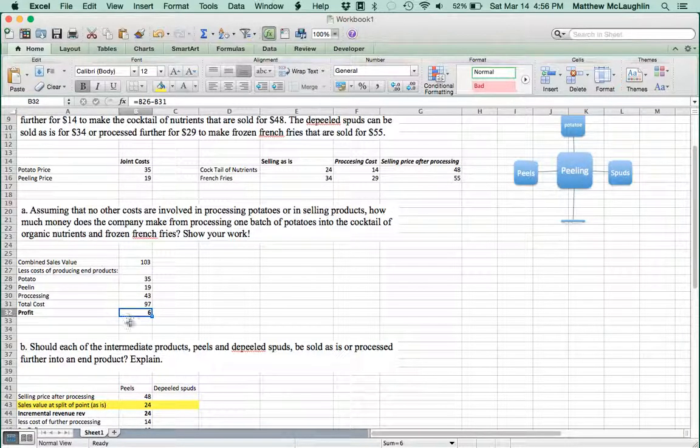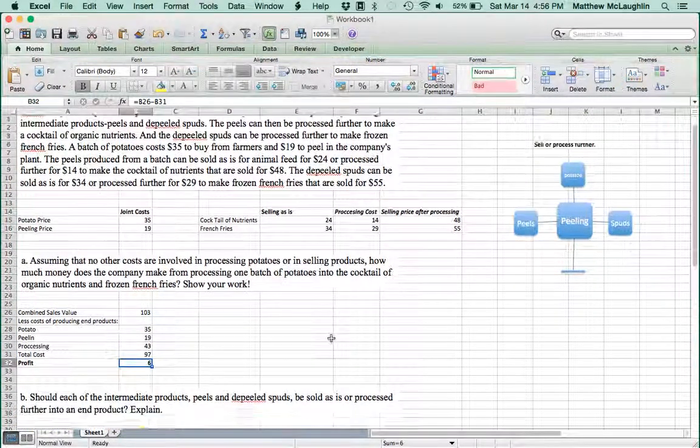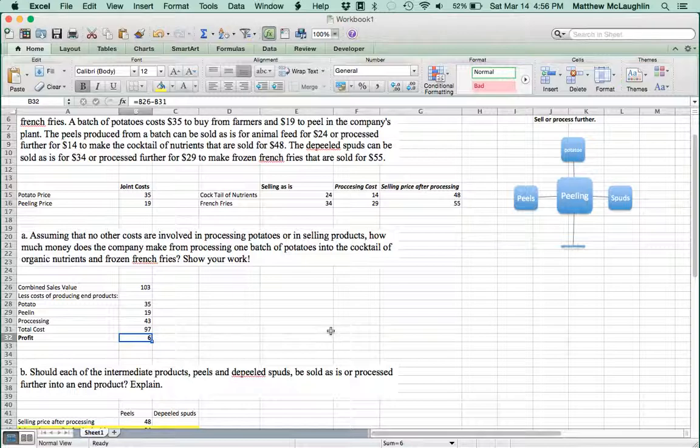Now, this is pretty useless for us when it comes to our sell or process further decision. That's because all the costs are allocated in that. You notice how we added our processing costs together to get 43.